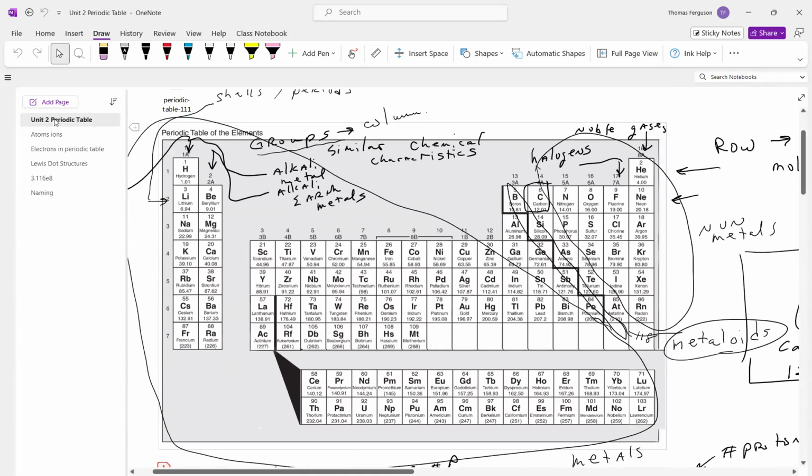Okay, let's talk about the periodic table a tiny bit. What he was referring to is within the group, like group 1, for example, the alkali metals, they all form a +1 charge. The alkaline earth metals, +2. And we skip the middle part here, because those form different charges all over the place.